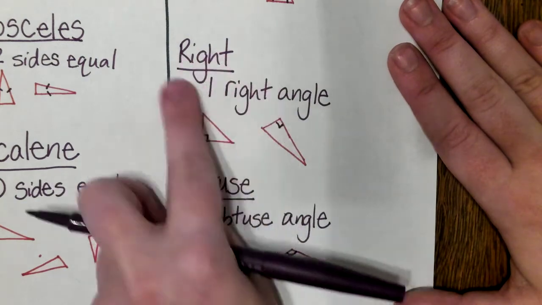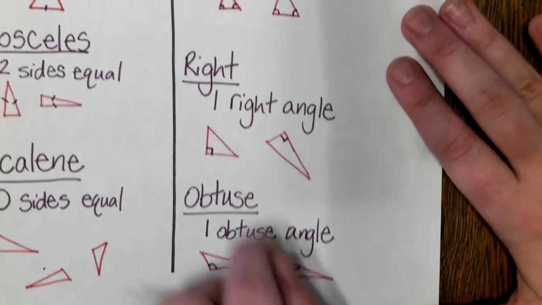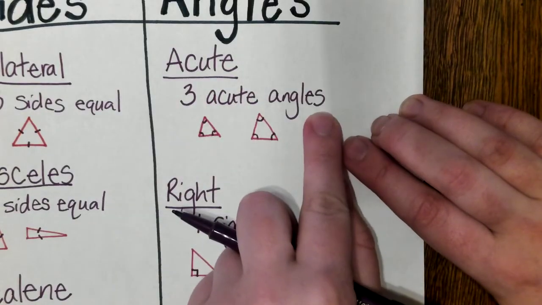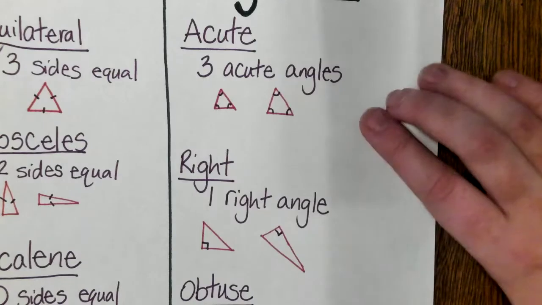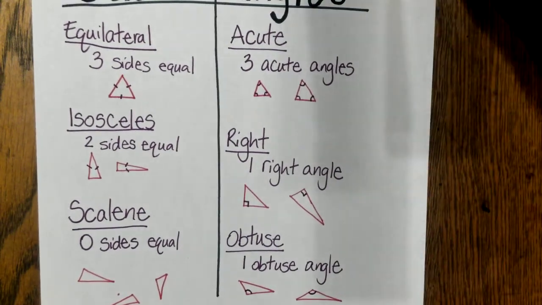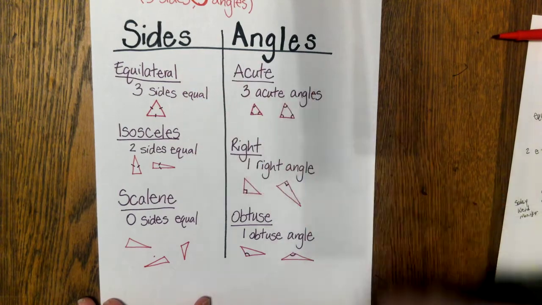If that third angle is right, it's a right triangle. If that third angle is acute, making all three acute, then it's an acute triangle. That's how we classify our triangles by sides or angles.